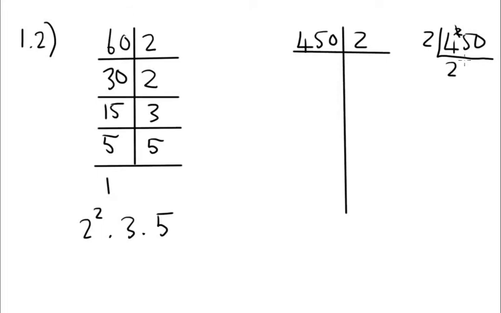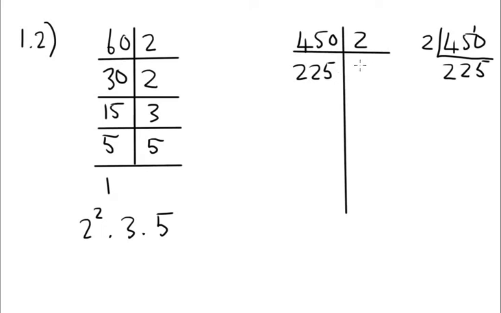Let's start that again. So it's 450 divided by 2. 4 divided by 2 equals 2. 5 divided by 2 equals 2, but there's 1 remaining. 10 divided by 2 is equal to 5. So that gives us 225.